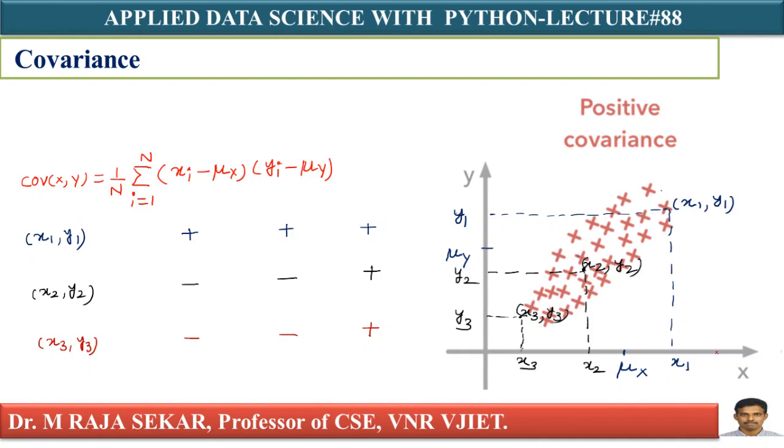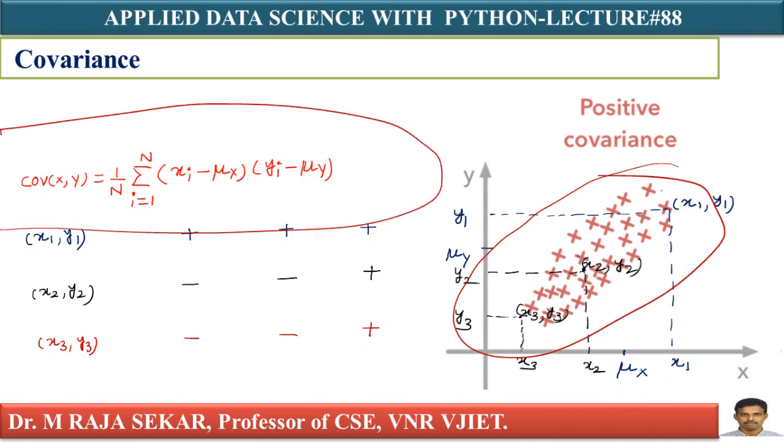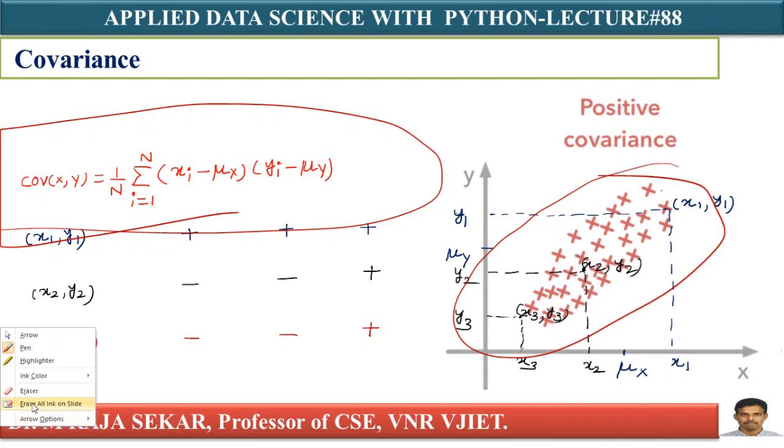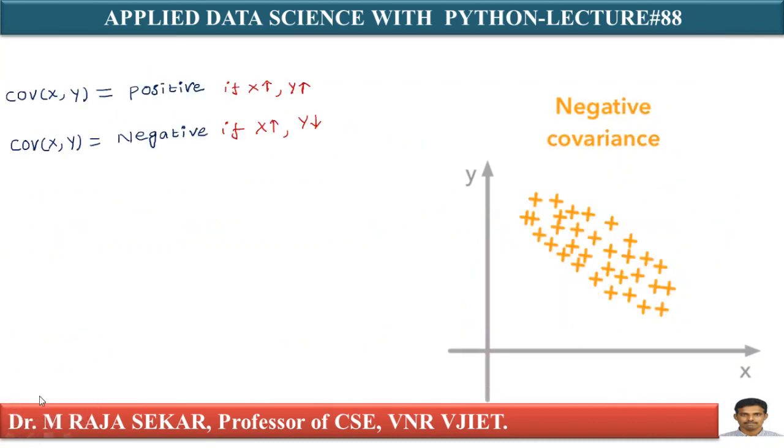If you take points far away from mu of x and mu of y, this value keeps on increasing. Therefore, if there is a pattern of this type and you calculate covariance, you will get positive covariance. That is, as x increases, y also increases.